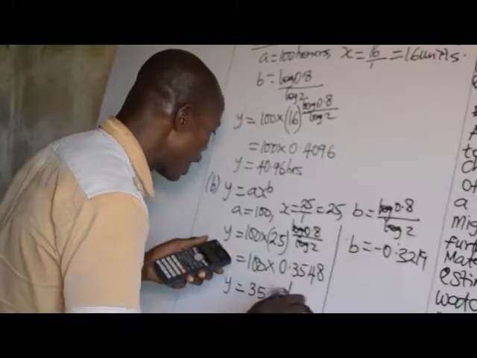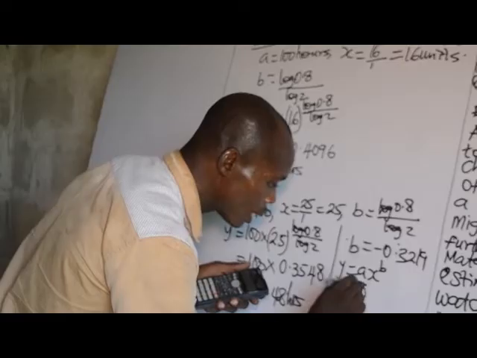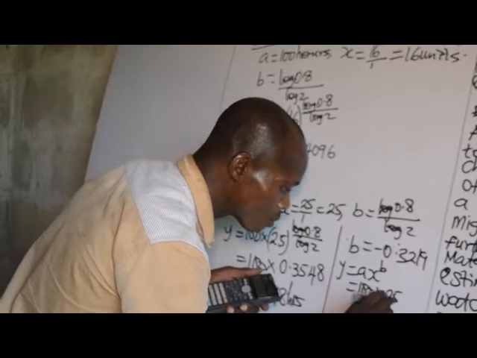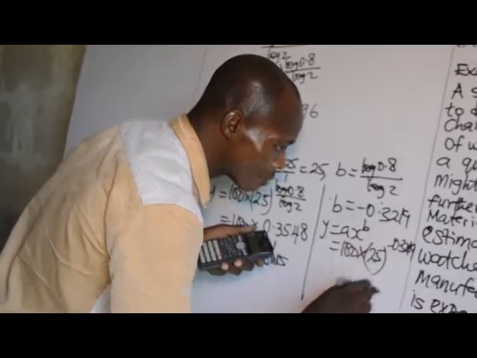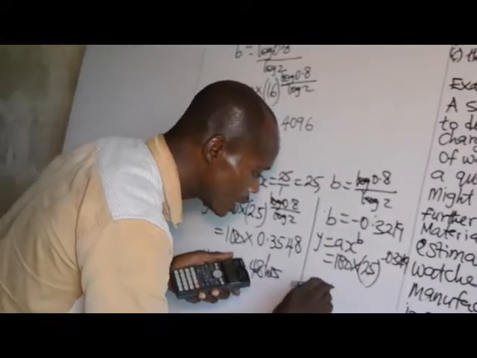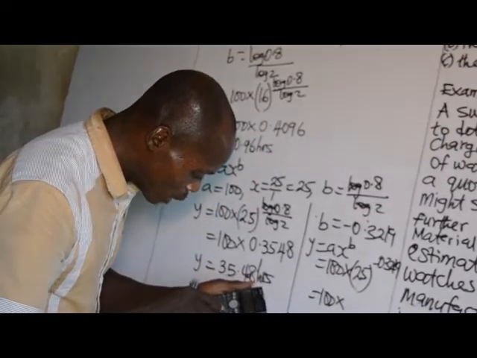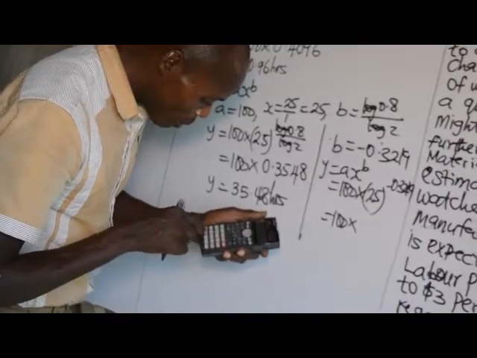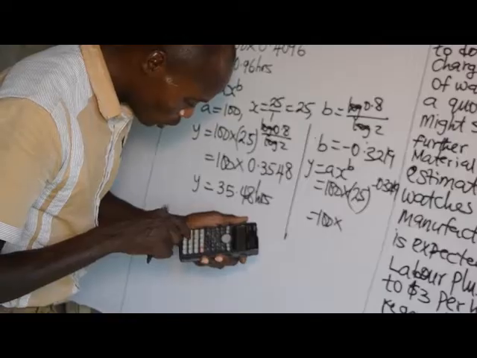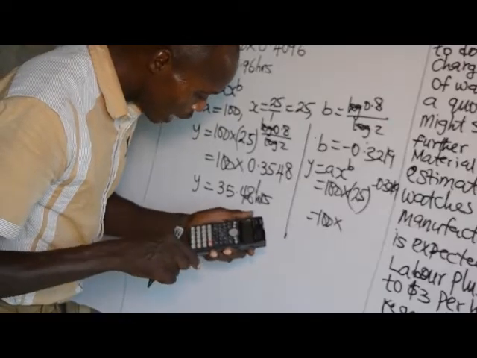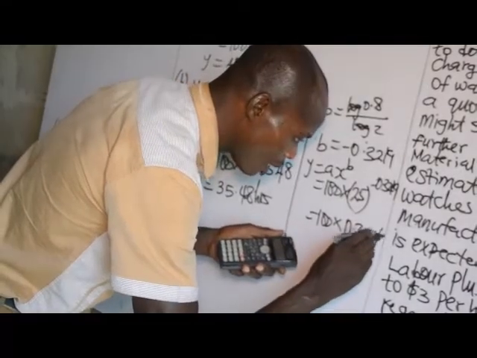So back to the formula. The formula is Y equal to AX raised to power B, where A is 100, X is 25 and B is minus 0.3219. So which is 100 times 25 raised to power minus 0.3219, that gives us 0.3548.